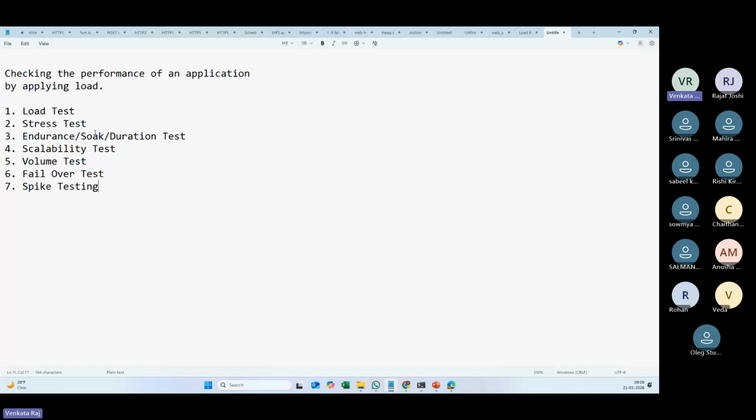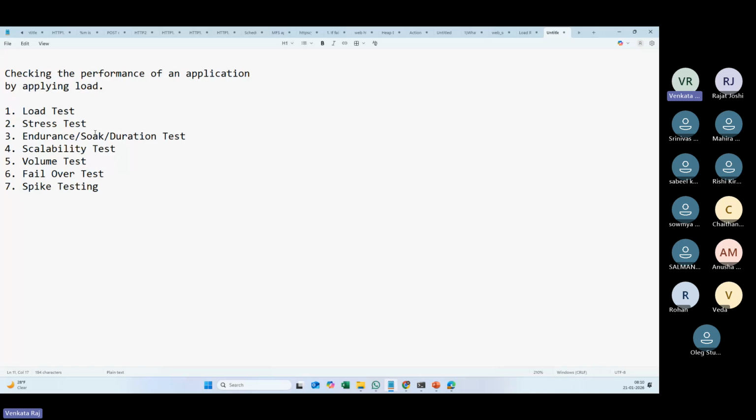The sixth type of test we will discuss tomorrow, because to understand failover test, we need to understand a few terms like what is a server, what is an application server, what is a web server, what is a database server.